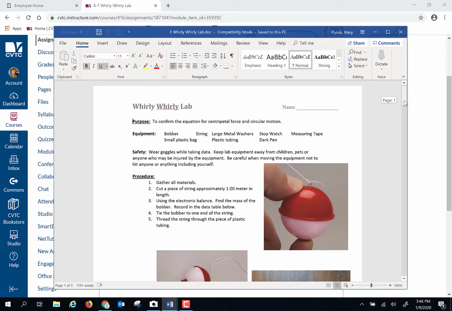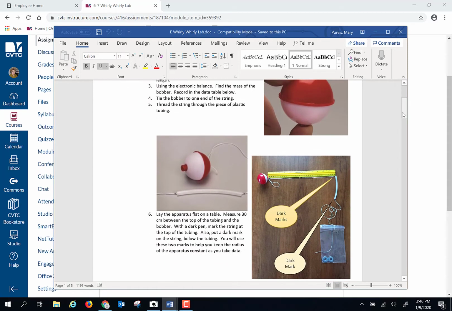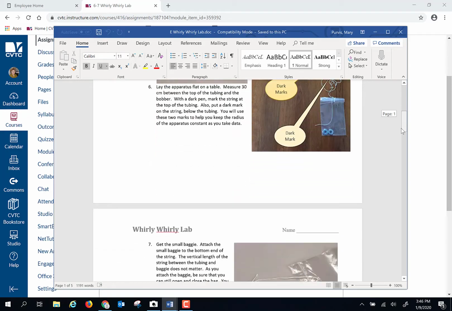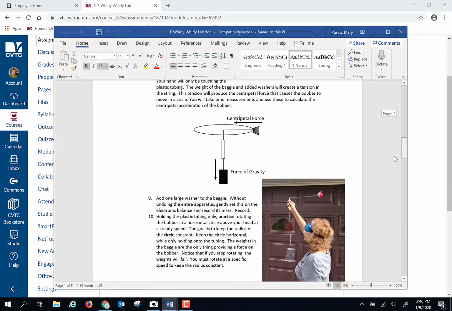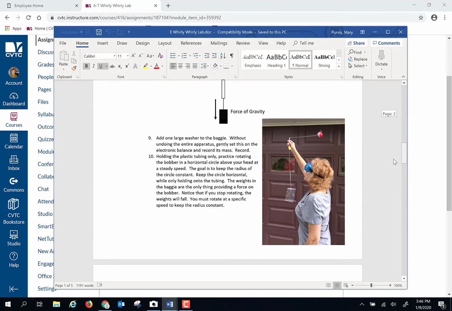And I've included lots and lots of pictures because this is not complicated, but it can be confusing without some illustration of what you're actually doing. So you're going to put a bobber on a string and then thread that through a little tube, put some weights on the end of the string, and here's a picture of me in real life, and you are going to be twirling this in a horizontal circle above your head.